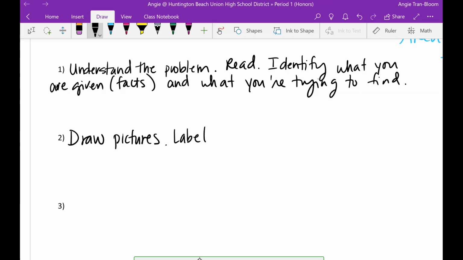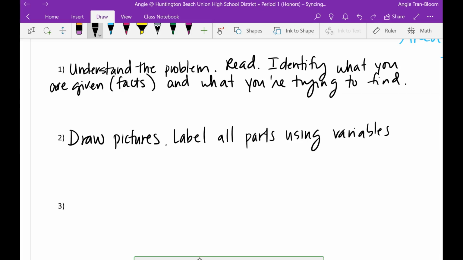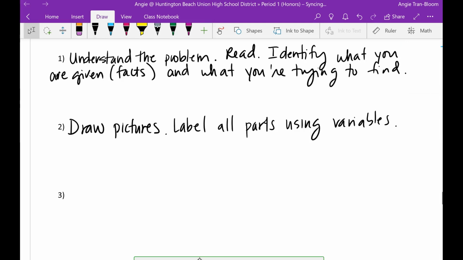Label all parts using variables. Just like what we did with example 2 when it talks about a circle inscribed in a parabola or a rectangle inscribed in a parabola, you want to graph them out.